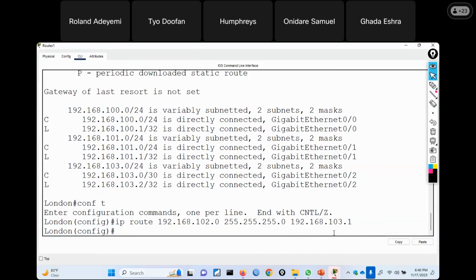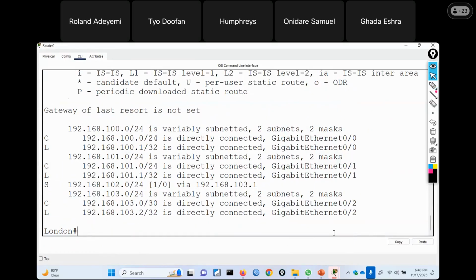If I go back now and say show IP route, you'll see that my route has been entered into the routing table. Which route is entered? 192.168.102.0/24. What do you have in that bracket?